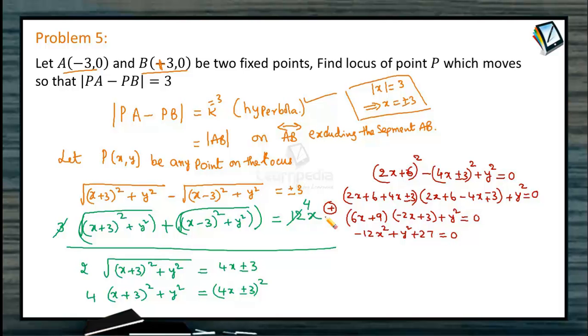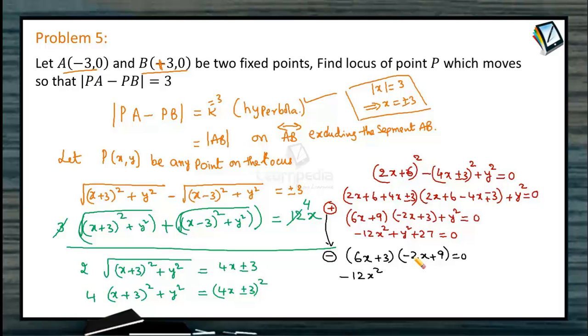However, if I take minus here, that means it becomes plus here. So when I simplify this possibility, 2x plus 4x is 6x, 6 minus 3 is 3, into 2x minus 4x is minus 2x, 6 plus 3 is 9, equal to 0. Now when I simplify this, I have 12x².